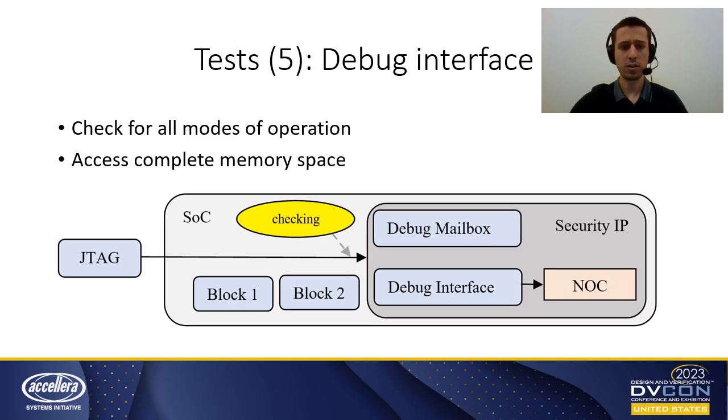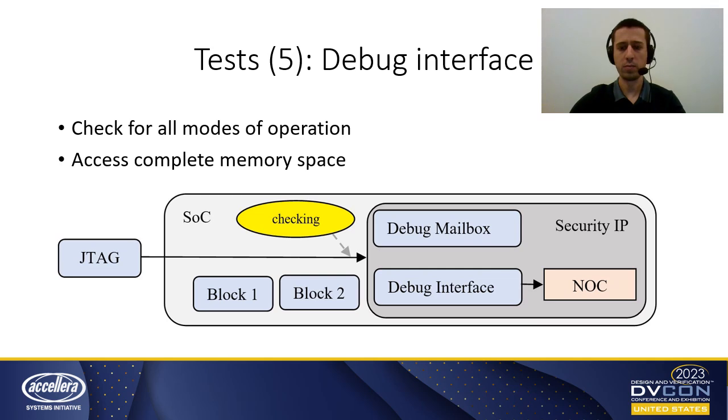So what do we need to check? We use JTAG, for example, to access this debug interface from the outside. First, in non-secure mode of operation, this debug interface is not automatically unlocked, but we need to go through a specific hardware authentication procedure in order to unlock it. So we need to check three scenarios. We need to try to access it without any authentication and see it is locked.